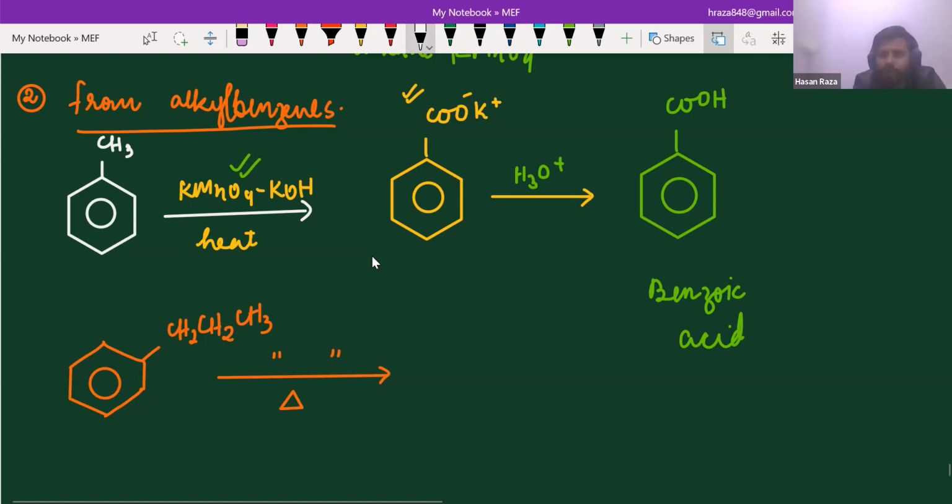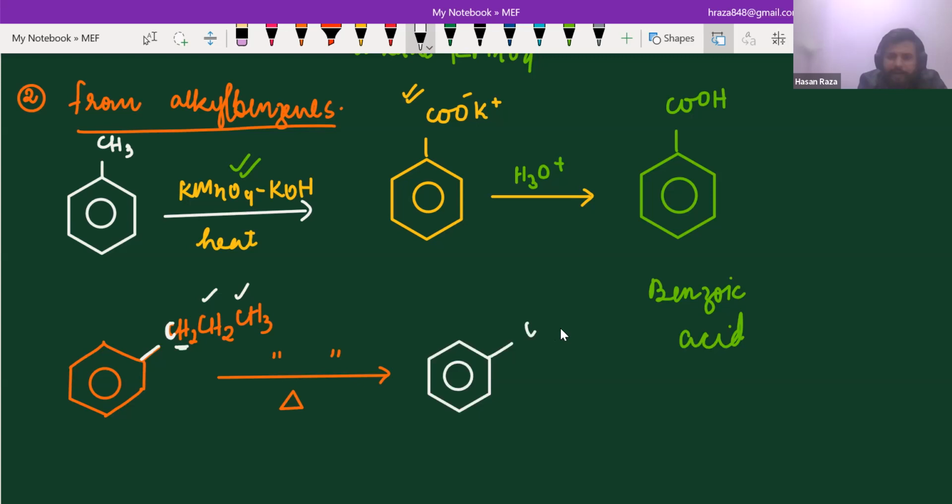So I'm going to explain. Always remove the hydrogen from the carbon which is directly attached to the benzene, not this carbon or this carbon. There is a reason. I will explain. So let me complete this reaction first, then I will explain why it happens.